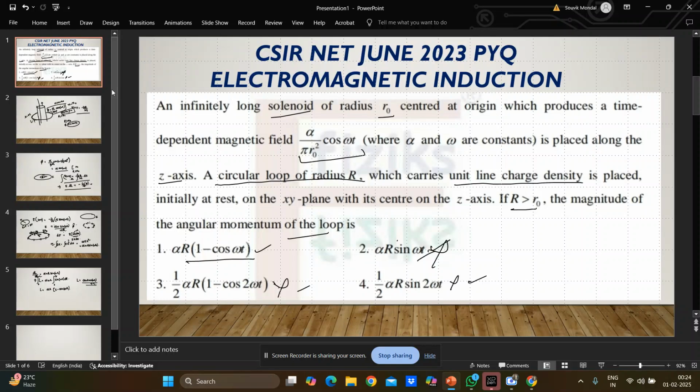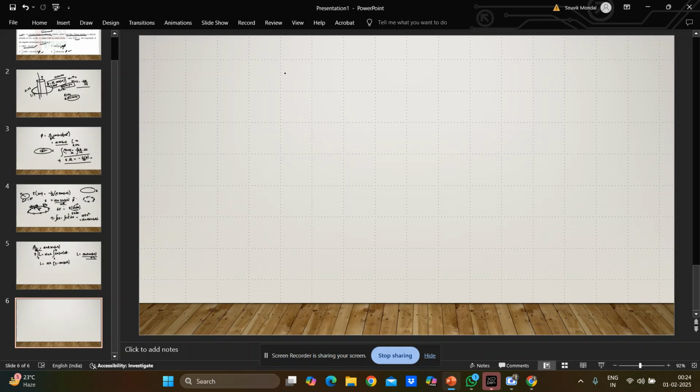So this is a good problem from electromagnetic induction, and there are many problems like it. Let me give you a sample problem that I am making up myself, and you may solve it. This is a good exercise.